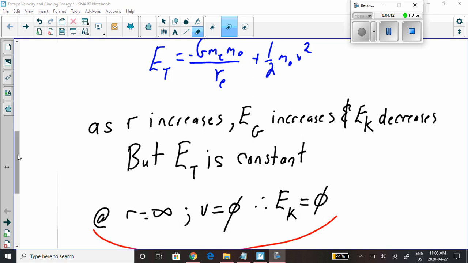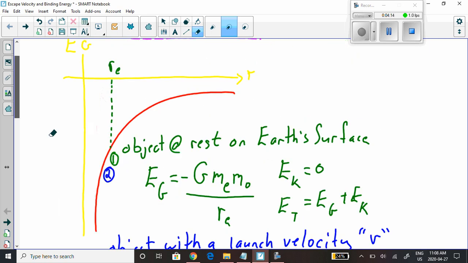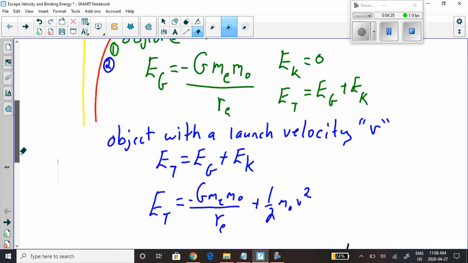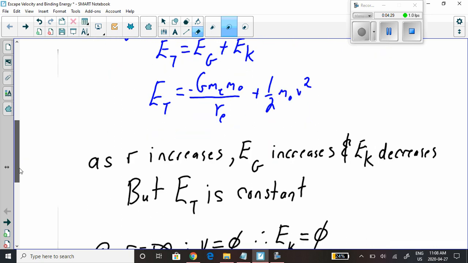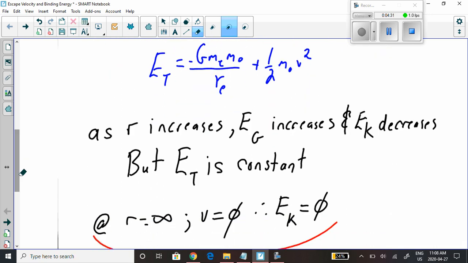Let's go back to the graph for a second. As r gets bigger, the function becomes less and less negative, so it's actually increasing. You kind of have to wrap your head around that a little bit. So let's get back to what we're saying here. As r increases, the universal gravitational potential energy increases and the kinetic energy decreases, which kind of makes sense.